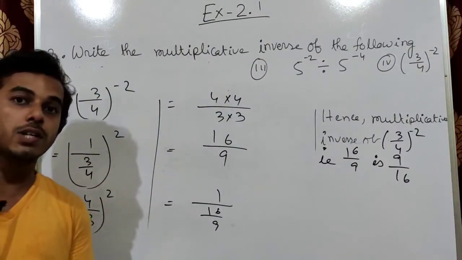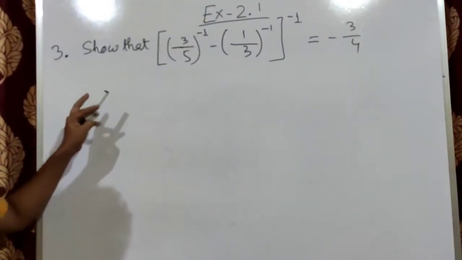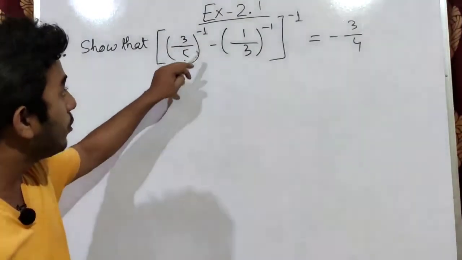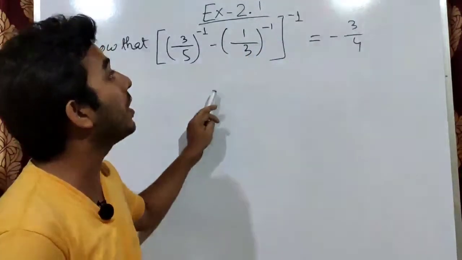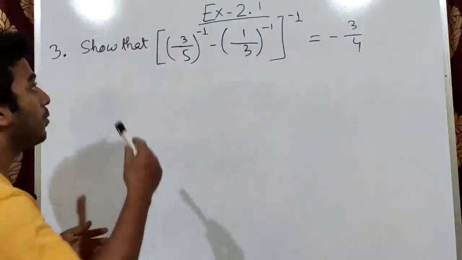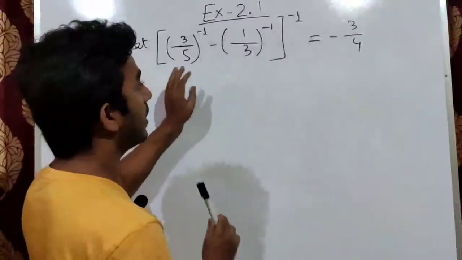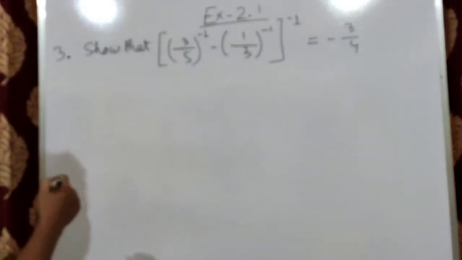Now we will move to our next question, question 3. Show that [(3/5)^-1 - (1/3)^-1]^-1 equals -3/4. That means we have to show that LHS equals RHS. Clear? So first of all let us start with LHS.